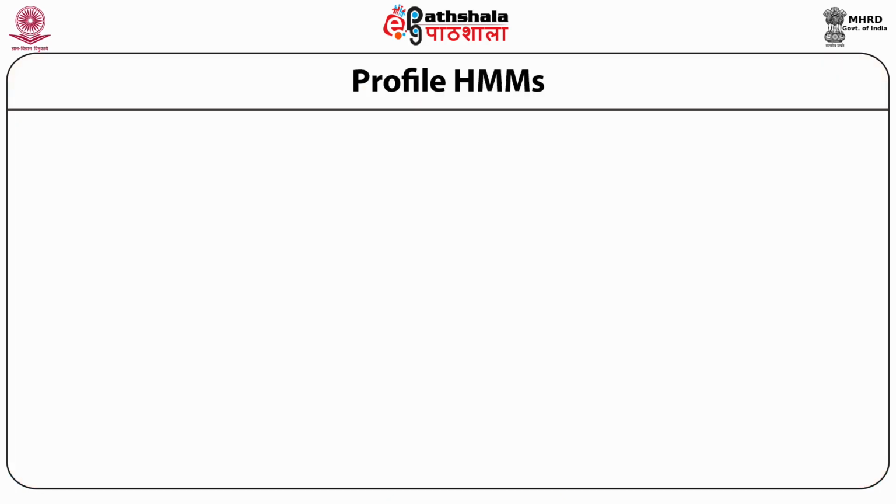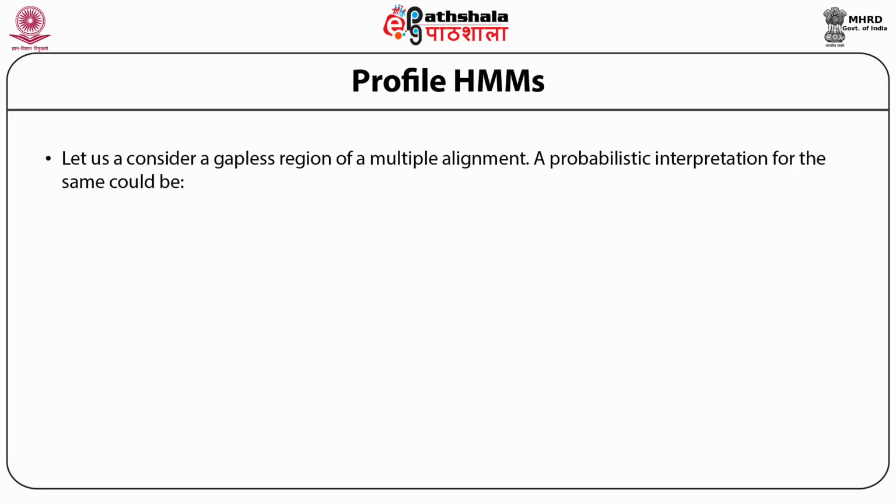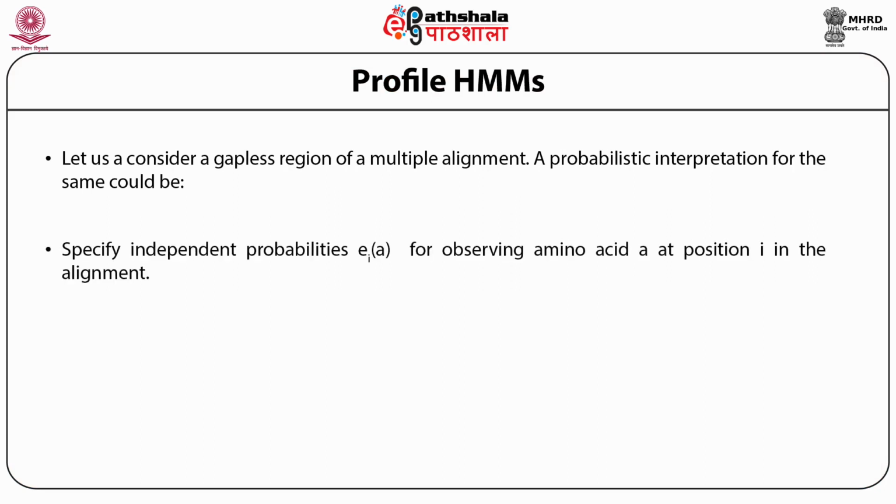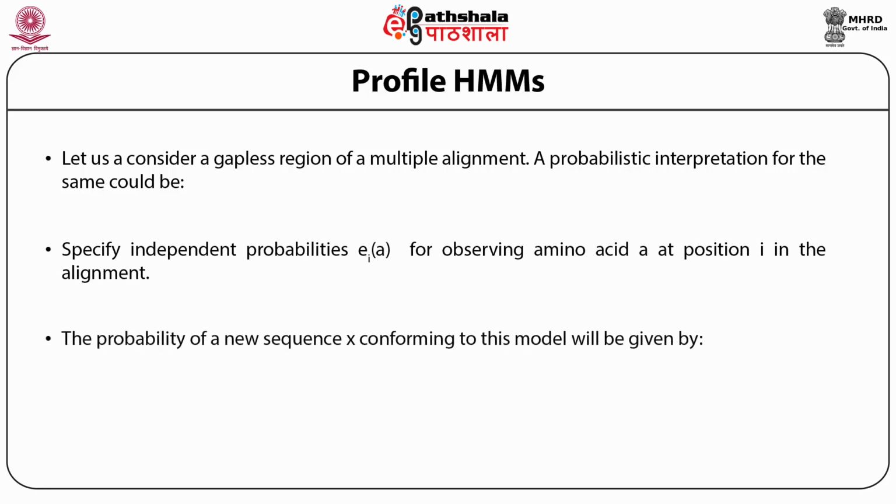So let's start with a gapless region of a multiple alignment and let us try to make a probabilistic interpretation. I can define the probabilities e_i(a) of observing amino acid a at a position i in the alignment. So the probability that a new sequence X which conforms to this model, that is P(X|M), will be the product of all of these e_i for all of these positions.